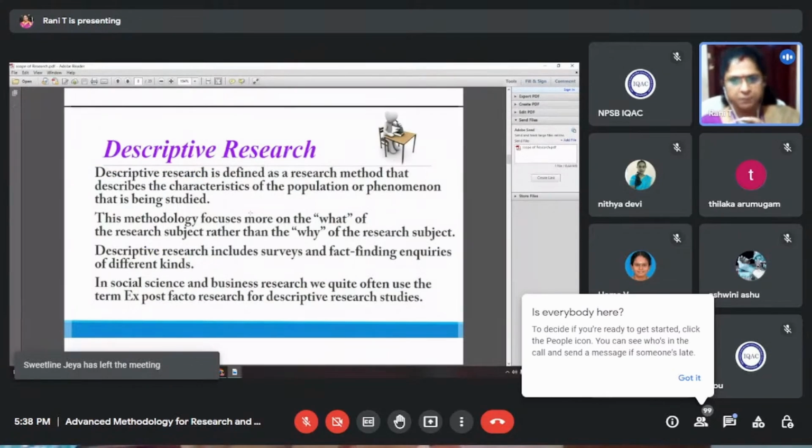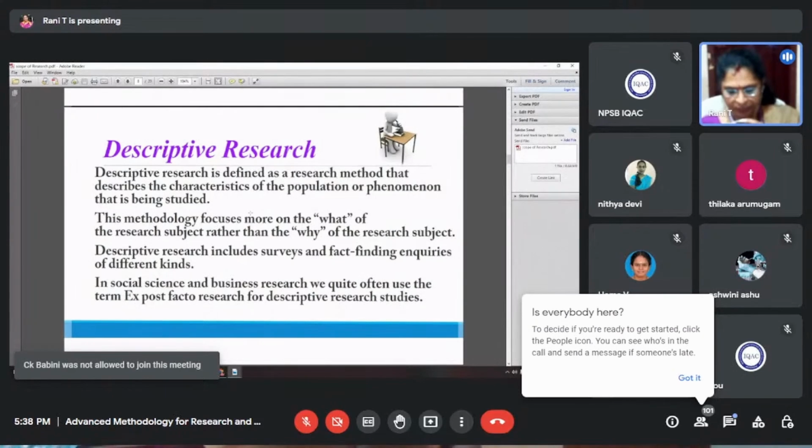When we talk about descriptive research, as I said, normally in literature we use the descriptive way of research, and on the safer side, if we don't apply any tools or techniques, then we can say that my particular research is descriptive research, wherein we describe the characteristics or the problems we define, and we say what the reasons are behind, and we never focus on why. Why this particular thing, why we are taking this particular topic, like that.